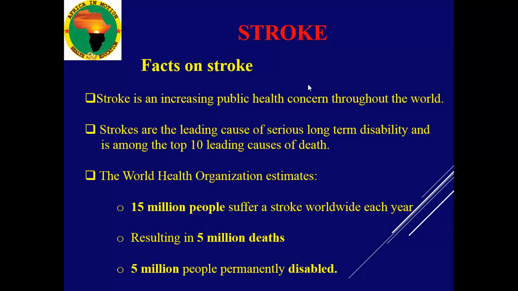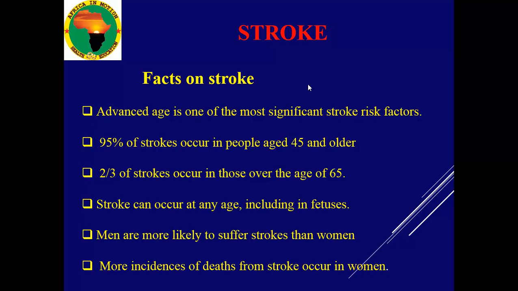The World Health Organization tells us that 15 million people suffer a stroke worldwide each year. 15 million, which will result in 5 million deaths. And it results as well in 5 million people permanently disabled.